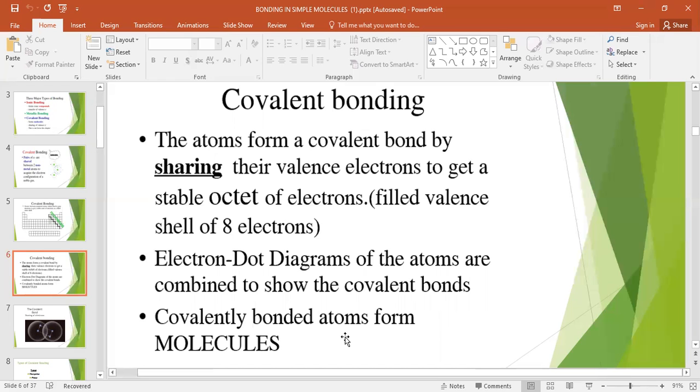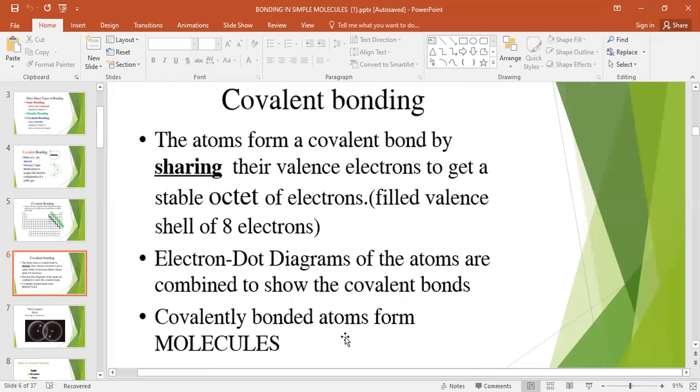Now, electron dot diagrams of atoms are combined to show the covalent bonding. Electron dot diagrams are like this. This one is a dot, this one is a cross. Why do we use these? Because you can understand easily how two atoms join with each other. In a dot and cross diagram, one atom uses dots and the other uses crosses.